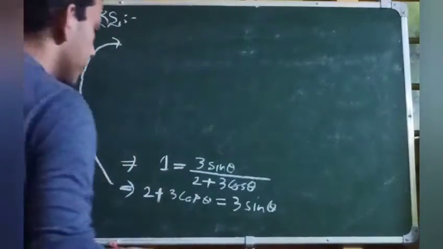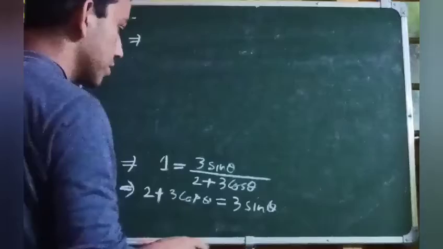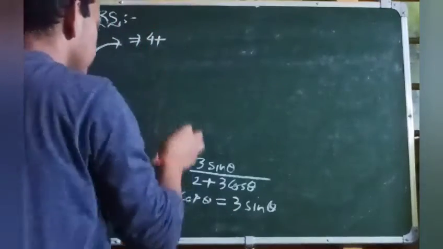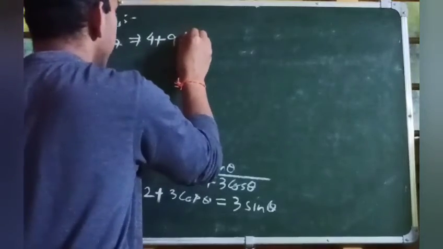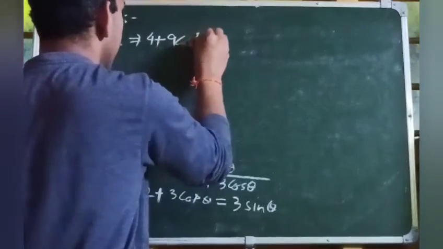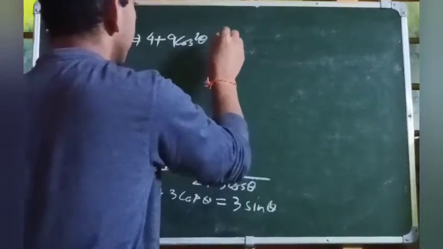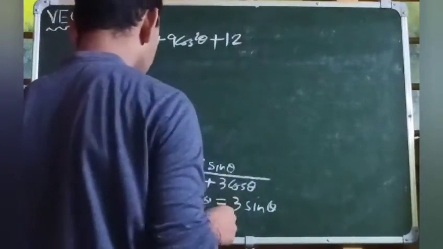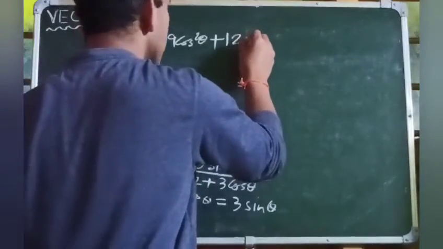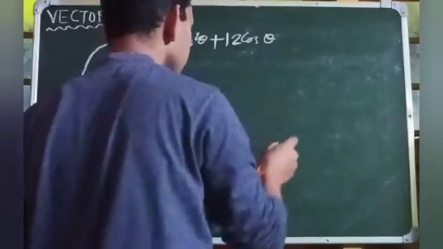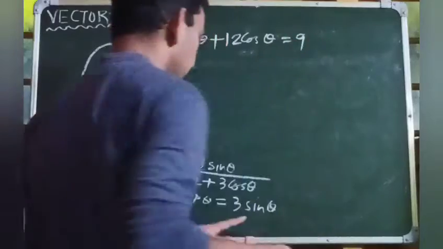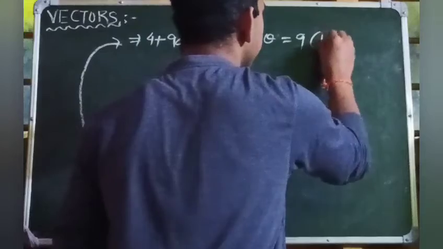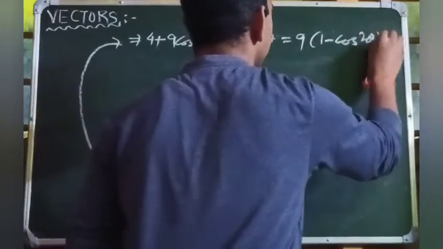From here, squaring both sides, we are getting left hand side 4 plus 9 cos square theta plus 12 cos theta, 3 multiplied with 2, 6 to the 12 cos theta, which is equal to 9 sin square theta, and in place of sin square theta we can write 1 minus cos square theta.